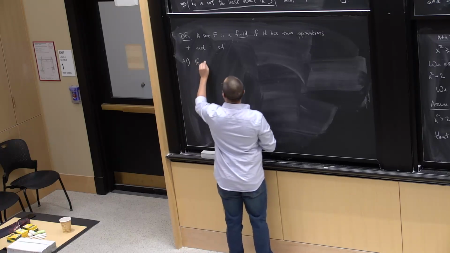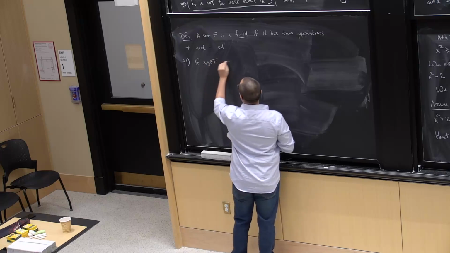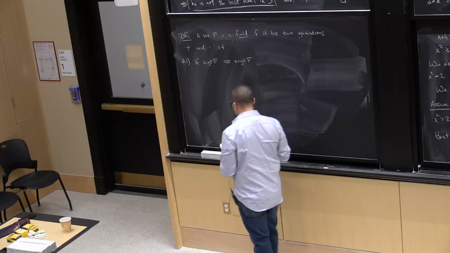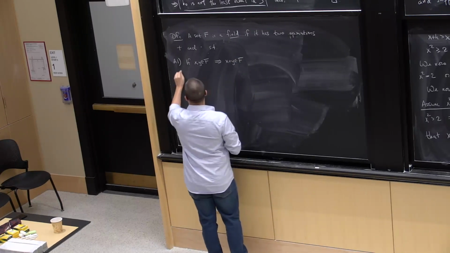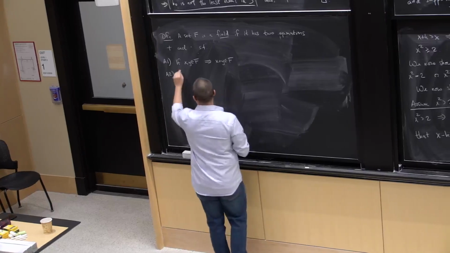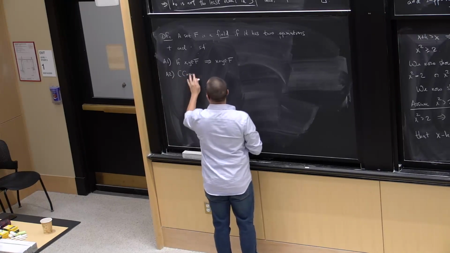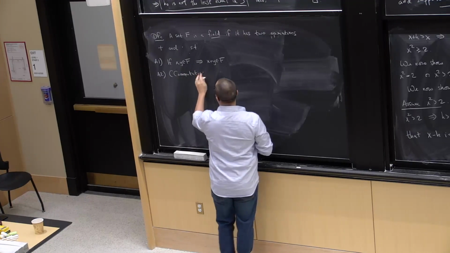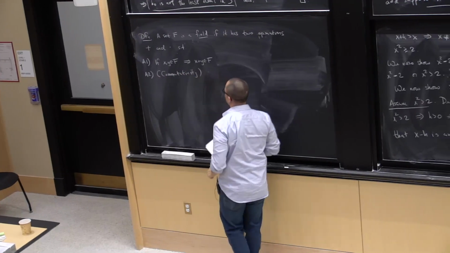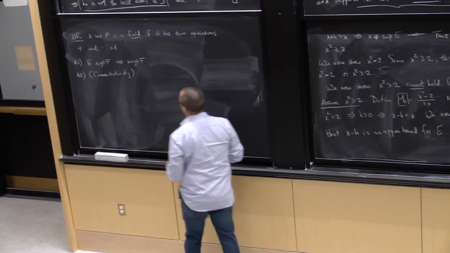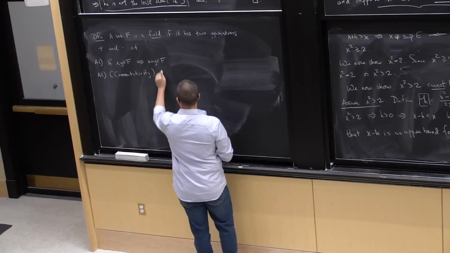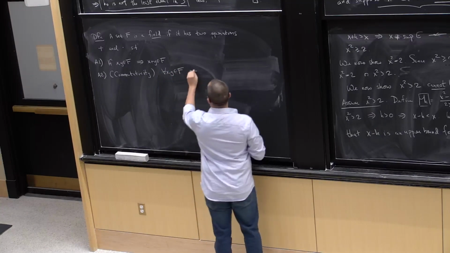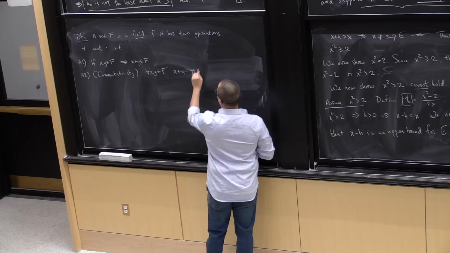So if x, y is in F, then x plus y is in F. This operation of addition should be commutative. Commutativity, I hope that's how you spell it. This means that for all x, y in F, x plus y equals y plus x.